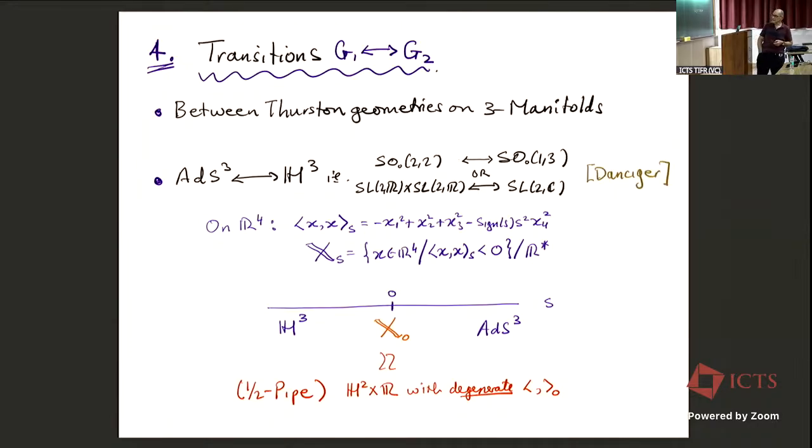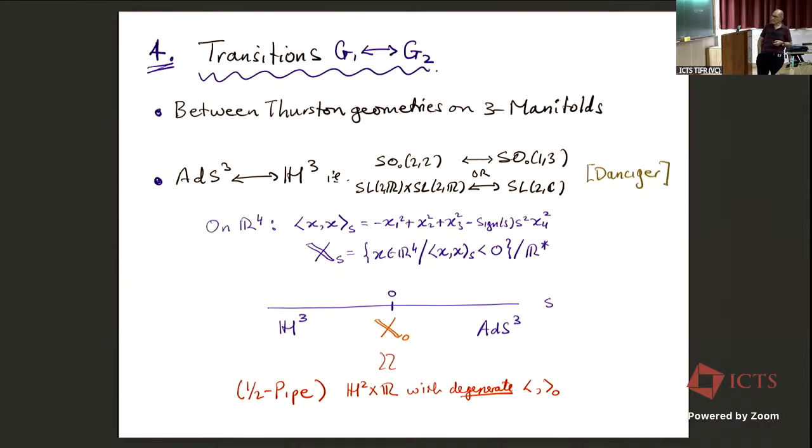It corresponds to a transition between three-dimensional hyperbolic geometry and three-dimensional anti-de Sitter geometry. So the way Jeff Danciger described these geometries and the transition between them was in this way.